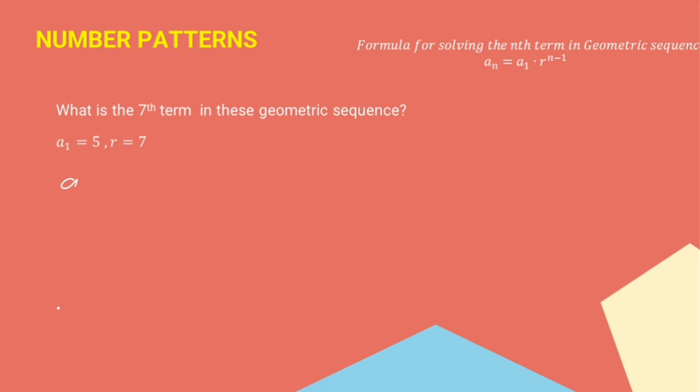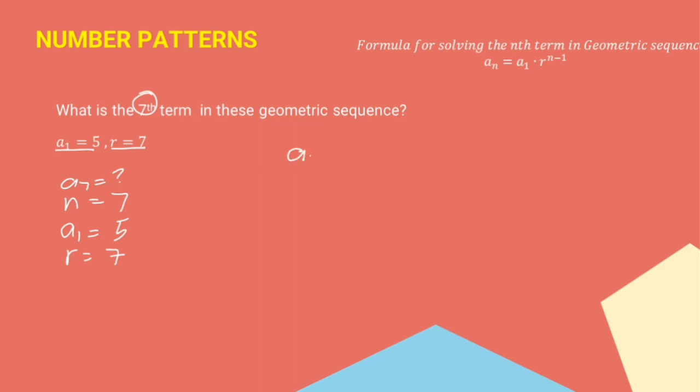So, this is the first term and r. Now, ano yung hinahanap na term, pang ilan? Pang 7. So, since this is the seventh term, the value of n is 7, and this is a sub 7. So, now the unknown is a sub 7. The a sub 1, which is the first term, is 5, and the common ratio is 7.